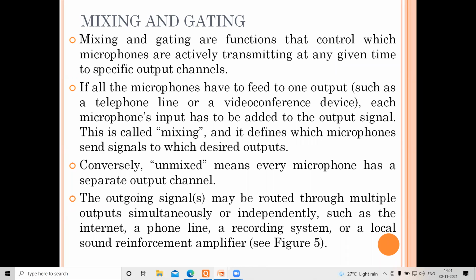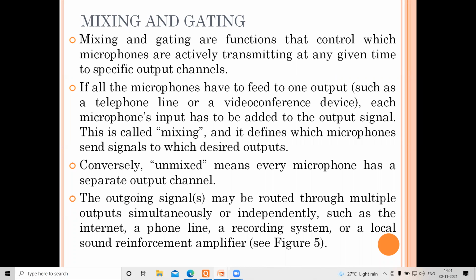This is called mixing. If all the microphones are being fed to one output, each microphone input has to be added to the output signal. This is called mixing, and it defines which microphones send signals to which desired output.